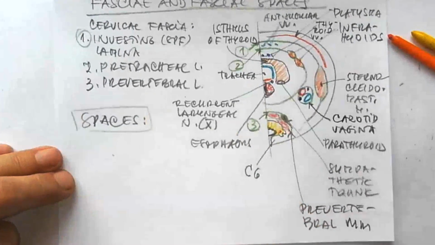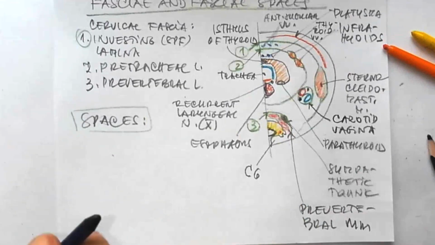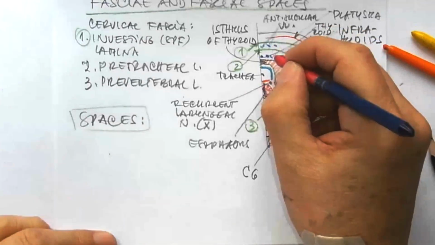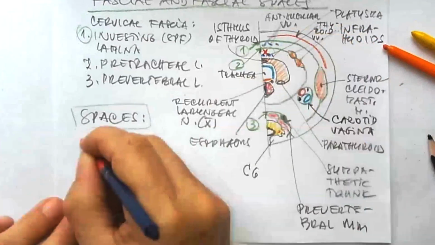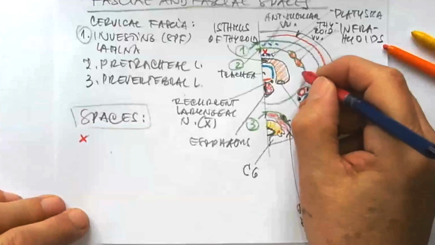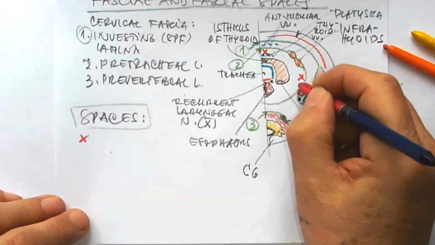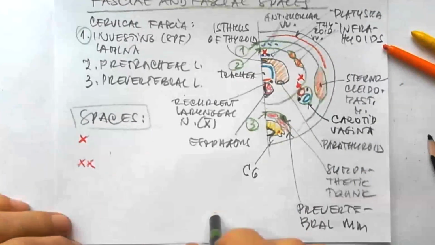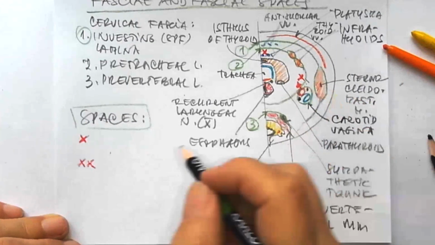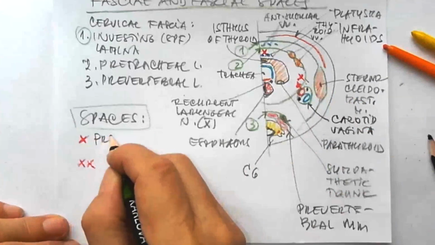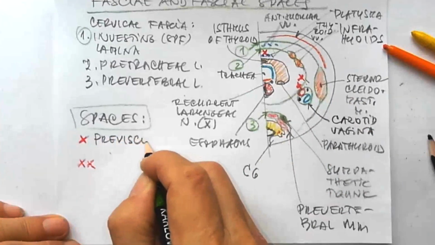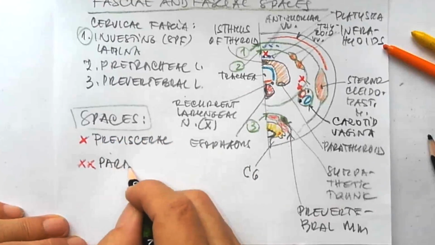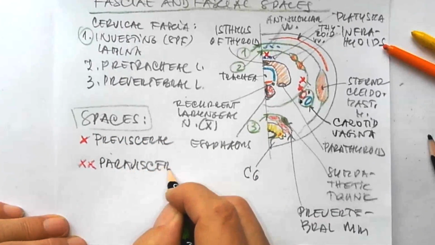Consider the spaces using which color, maybe dark red. The space here in front of the organs is one cross, and here are the other crosses like that. The first one, of course, sometimes it's mentioned, is called previsceral, and that one is paravisceral, visceral space.